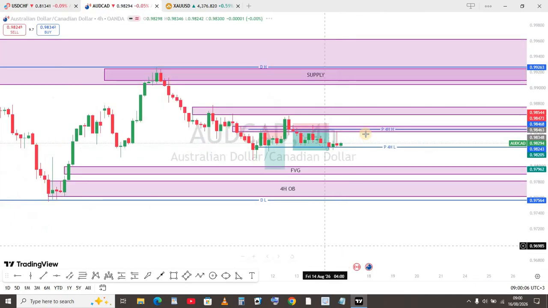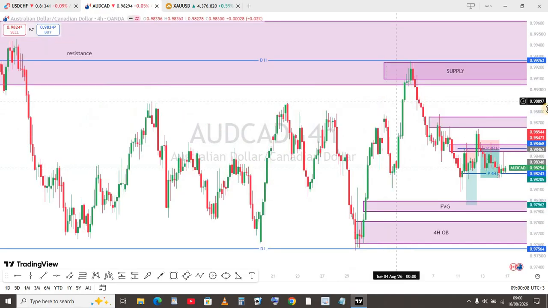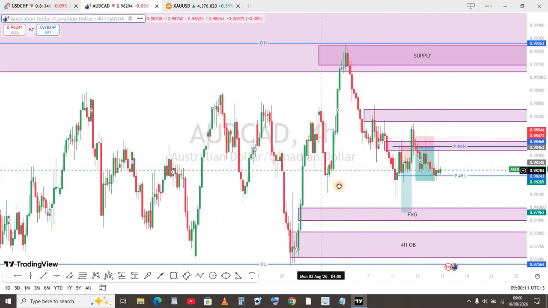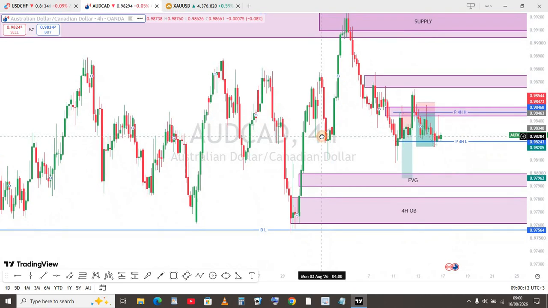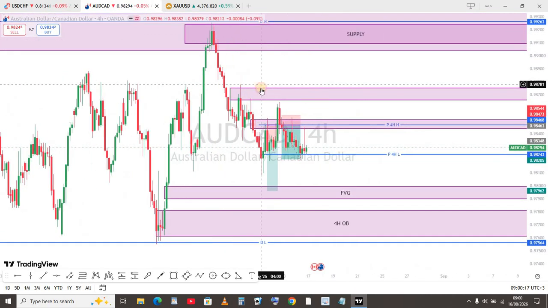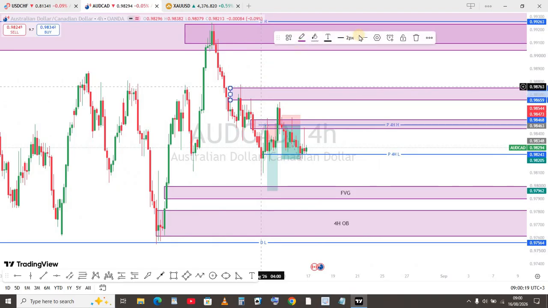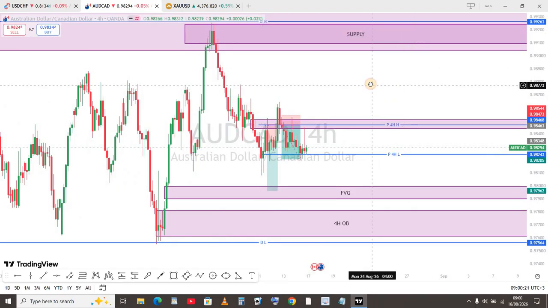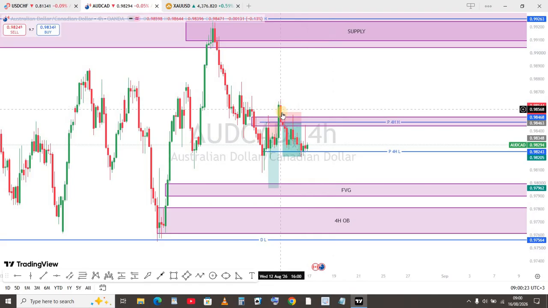On our 4 hour time frame, inside this resistance and support, we have our supply zone here. And after our supply zone at this area, we also have a 4 hour high and a 4 hour low.